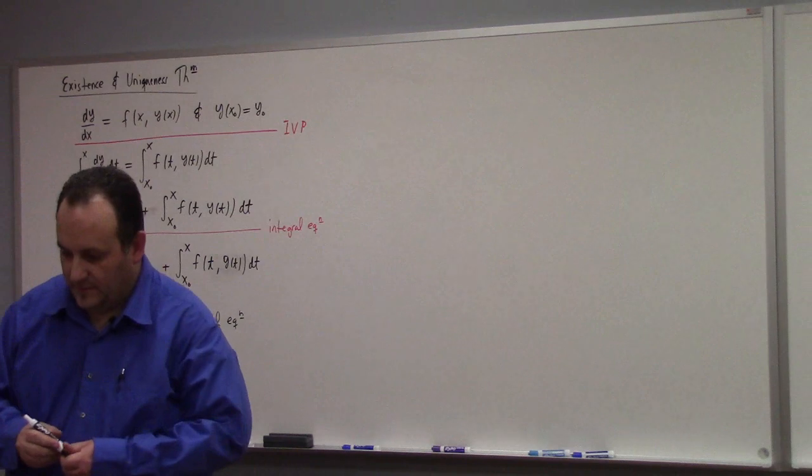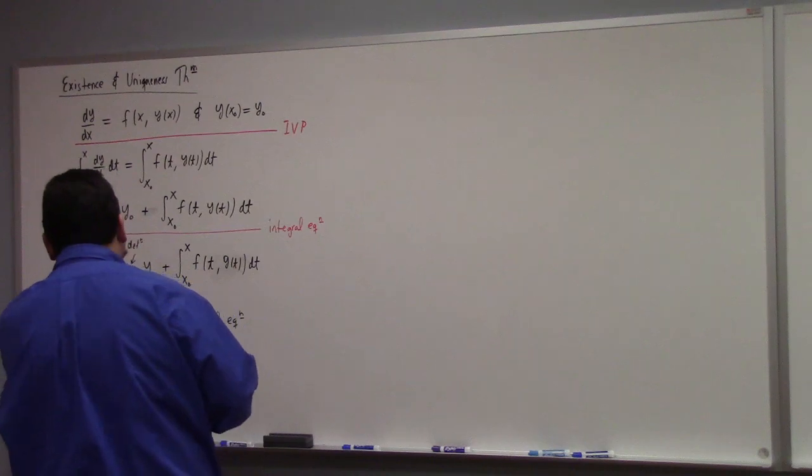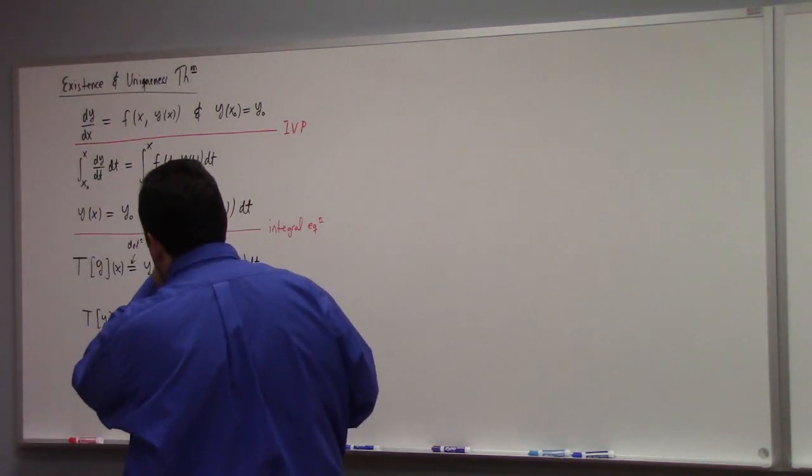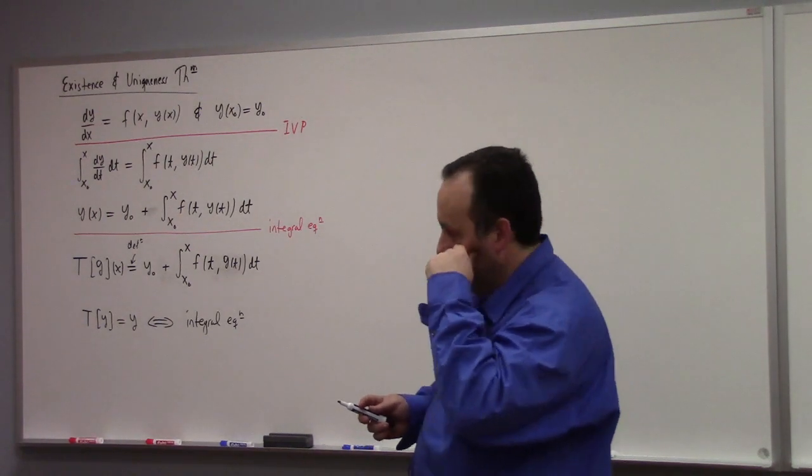And so this right here is, let's see here. All right, so the proof of Banach's fixed point theorem, right? What was it involving?